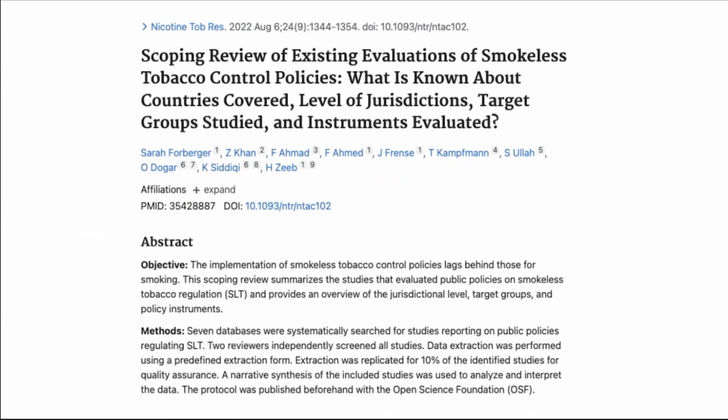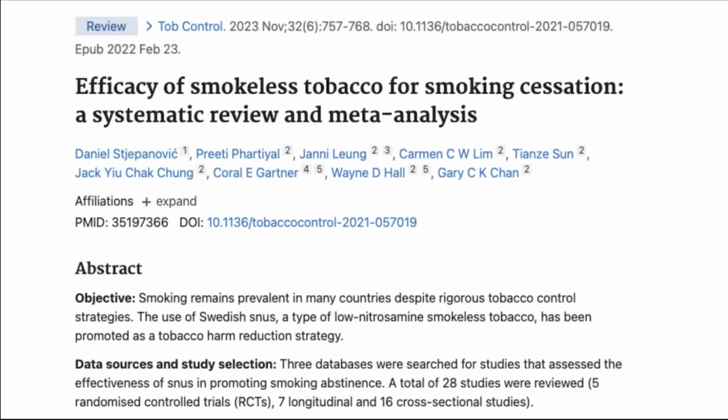For this one, it is a scoping review of existing evaluations of smokeless tobacco control policies, what is known about countries covered. So you can see this one is trying to answer a specific question. How effective are these different smoking cessation strategies that involve smokeless tobacco?